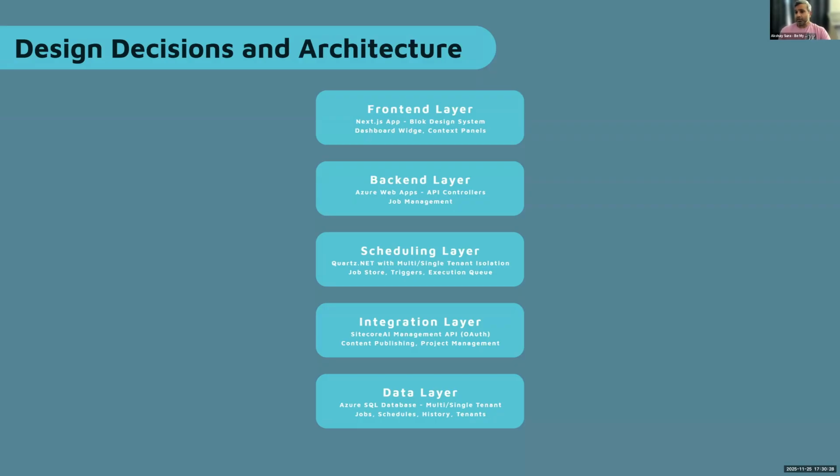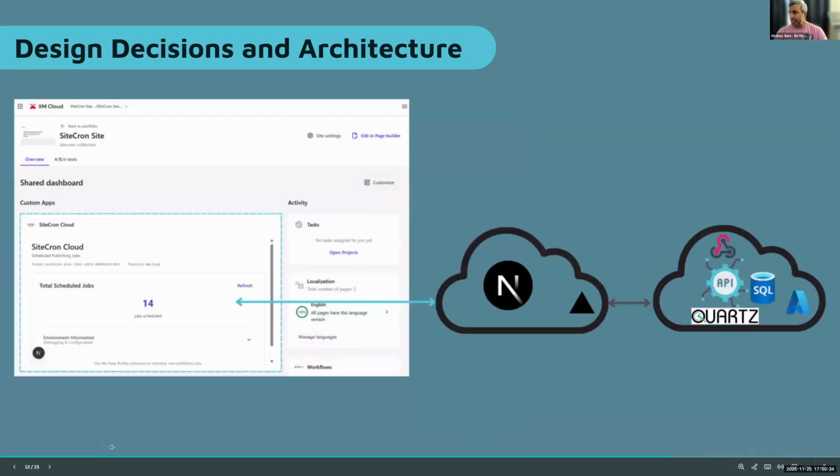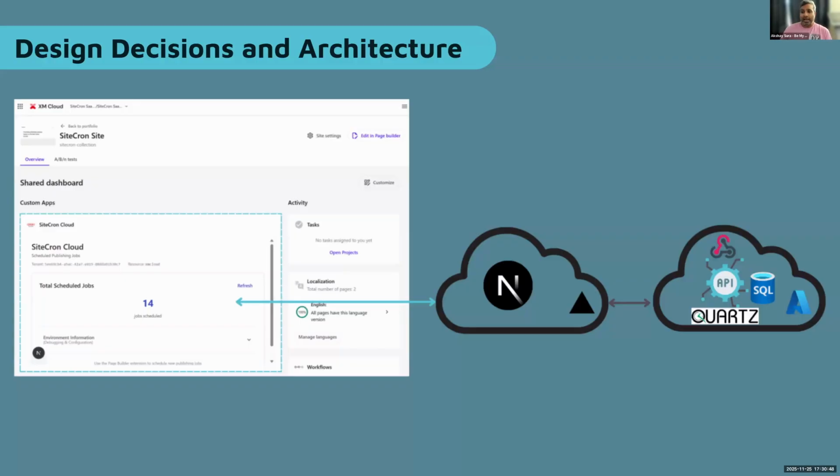And then also from an architecture perspective, it is super important because you need to be able to scale. The whole point of a marketplace app is that Sitecore wants you to be able to customize your Sitecore AI instances in terms of functionality, add custom fields, add custom functionality. You could even do integrations with third-party systems this way, right?